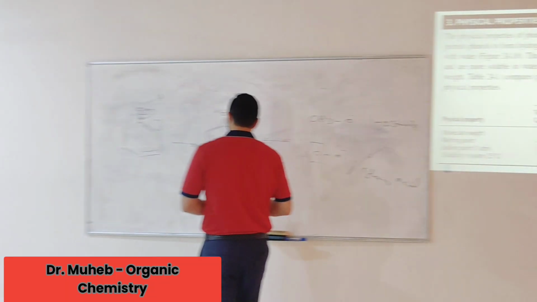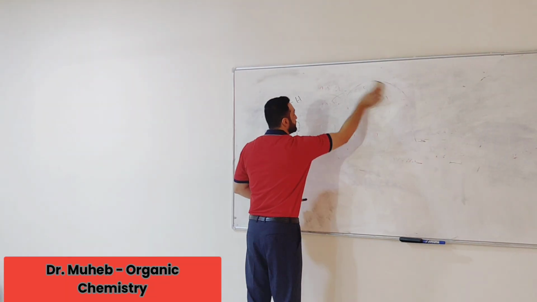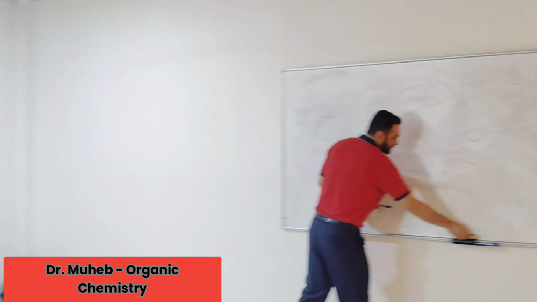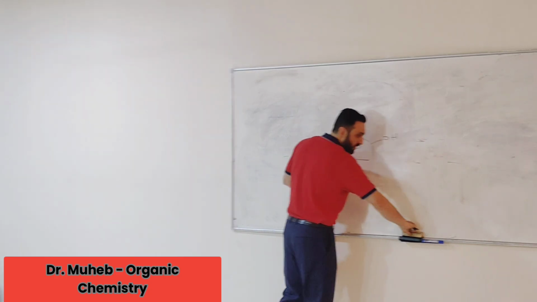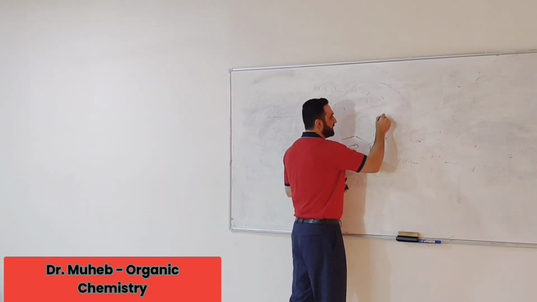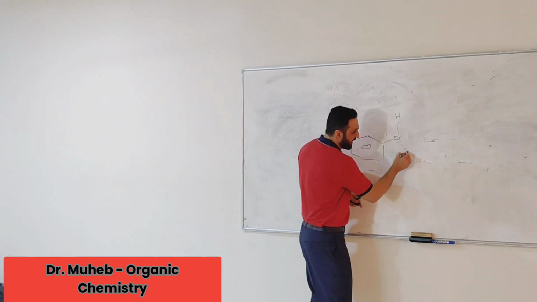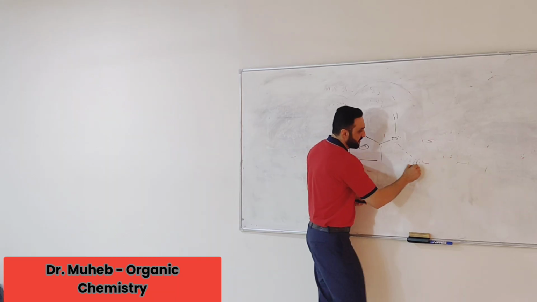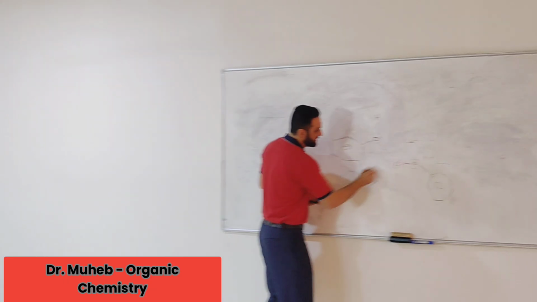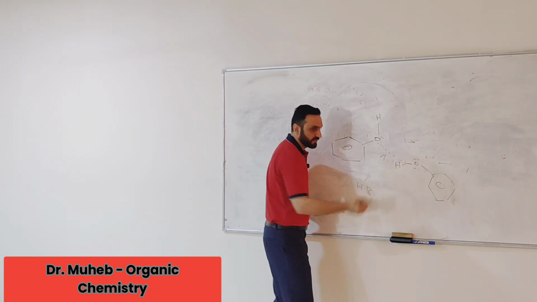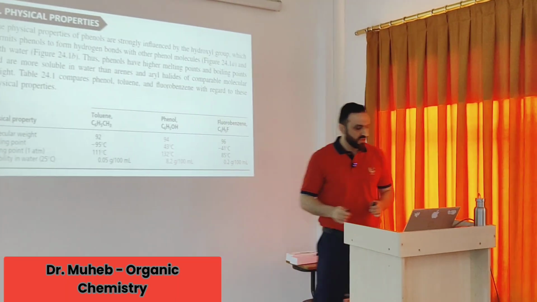If you have phenol like that, this is phenol. For the hydrogen bond, I will write it like that. This unshared electron pair on the oxygen can form a hydrogen bond with other phenol molecules. This is the hydrogen bond.